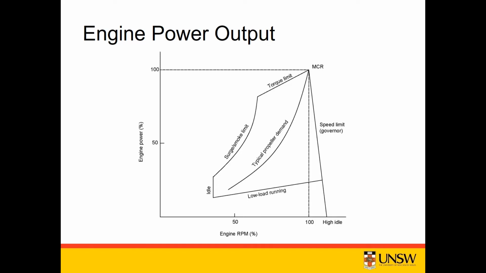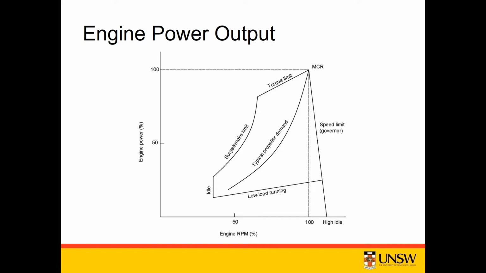This curve shifts off to the left, and so it will intersect with this torque limit curve up here somewhere. That's what happens, for example, if you design the propeller for free running, and then you want to go trawling, the curve shifts off to the left.